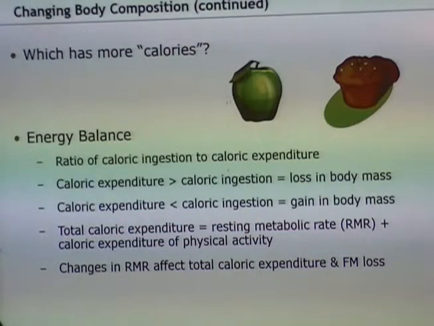So the ratio of how many calories, and when we say calorie in everyday language, really what we are saying is calorie with a capital C, and you don't always hear it that way.